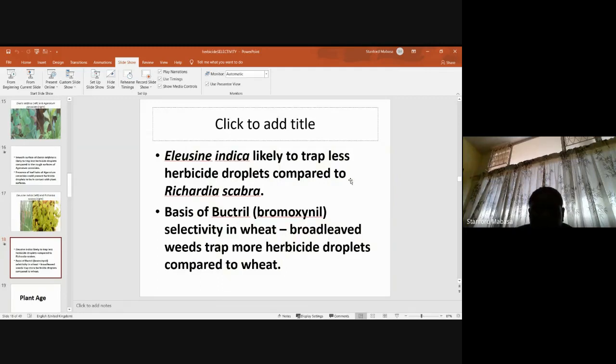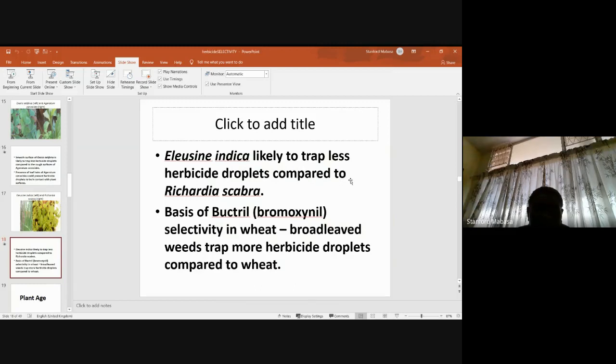So Eleusine indica is likely to trap fewer herbicide droplets compared to Richardia scabra. On Eleusine indica, the droplets are likely just to fall off that plant, whereas on Richardia scabra, the leaves will actually trap herbicide droplets.